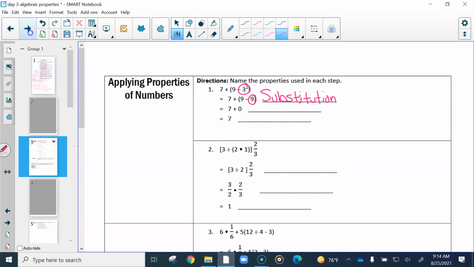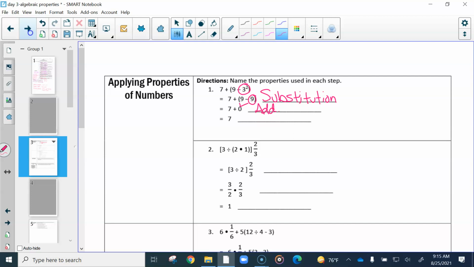From this step to this step, what changed? 9 minus 9 is now 0. Correct. What property tells me when I subtract numbers that are the same, I get a 0? Identity property. Is that identity or inverse? Because there's two different ones.